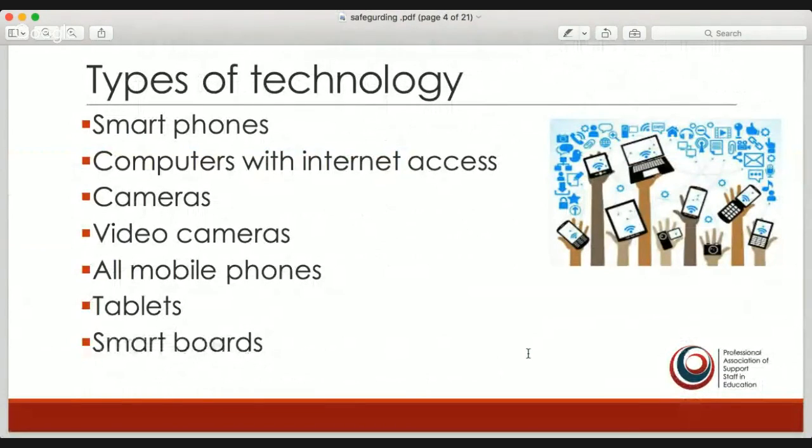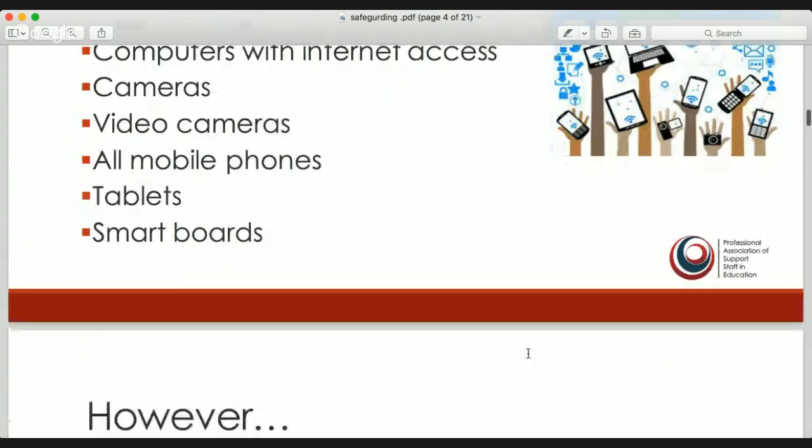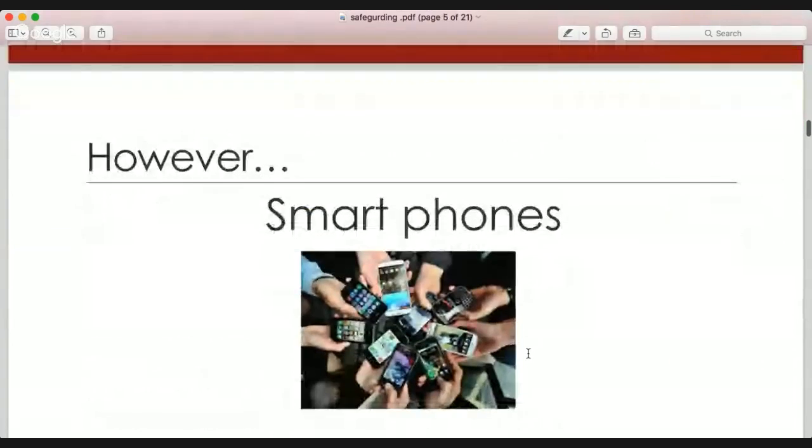So smartphones, obviously, computers with internet access, cameras, video cameras, all types of mobile phones really, tablets, iPhones, etc., iPads rather, and smartboards, interactive whiteboards, all forms of technology that have or can have access to the internet, and that brings with it lots or potentially lots of problems for children and young people. But for the purposes of this presentation, we are going to focus on smartphones.